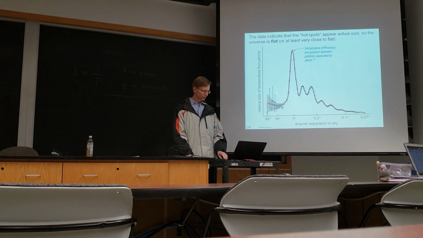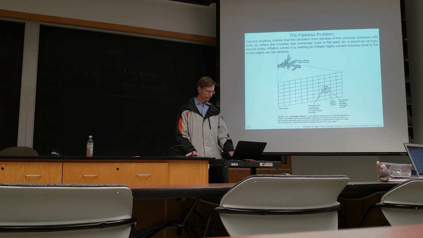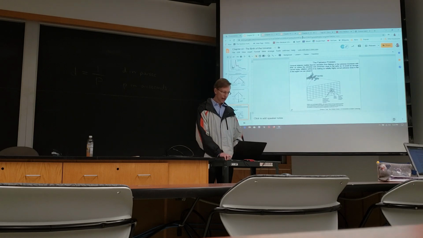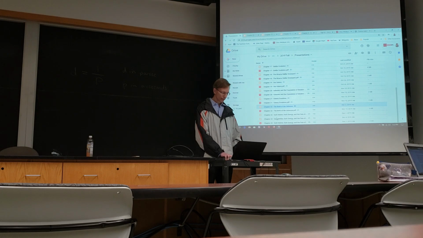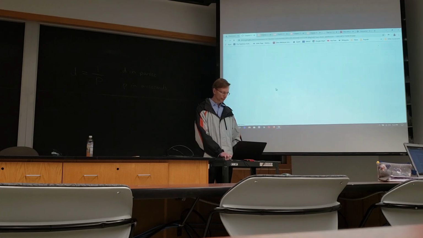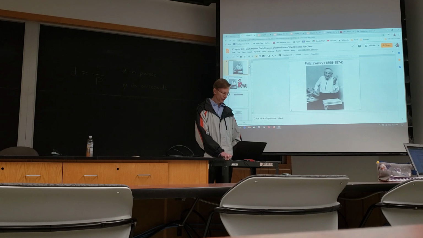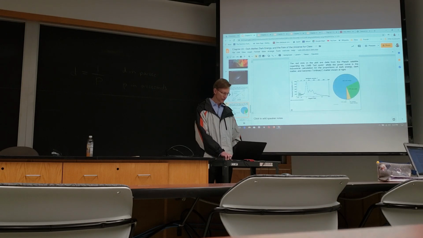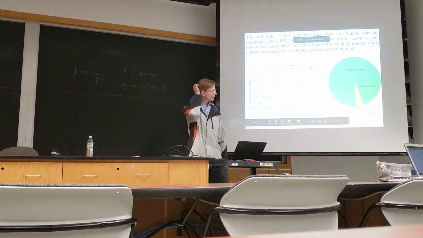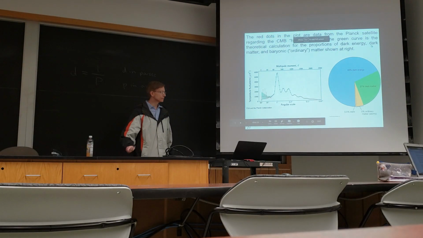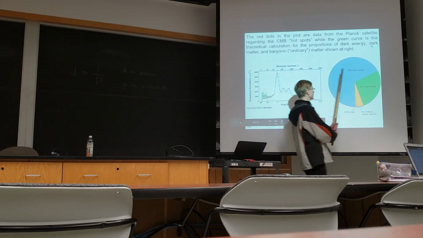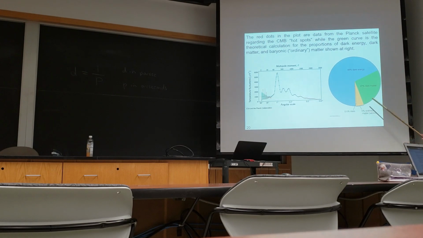And furthermore, they are what has allowed us most reliably to determine the proportion of dark matter, dark energy, and baryonic matter in the universe, because it turns out that the size of temperature fluctuations at various angular scales is sensitively dependent on the fraction of dark energy, dark matter, and ordinary matter in the universe.